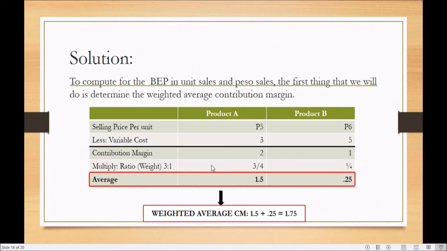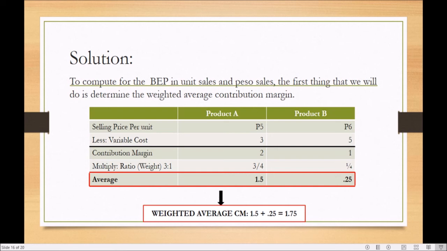Okay? 2 multiplied by 3/4, the average contribution margin for product A will be 1.5. For product B, 1/4 of 1, that is 0.25. The weighted average contribution margin will be the sum of 1.5 and 0.25. So, ibig sabihin, the weighted average contribution margin is 1.75.